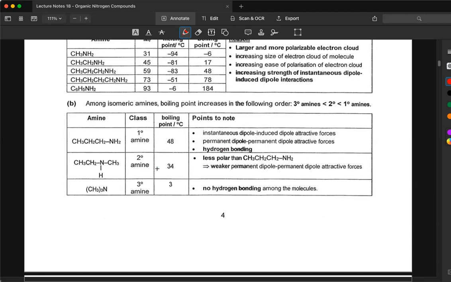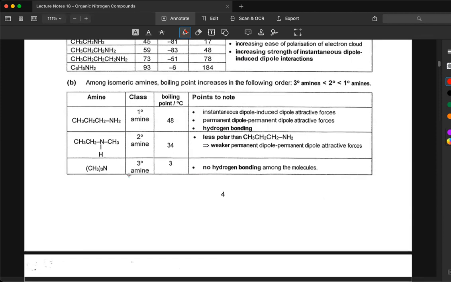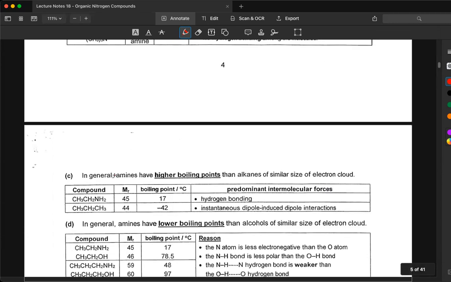For the secondary amine, the boiling point is lower because the molecule is less polar than the primary amine. Hence, the PD-PD forces are weaker. For the tertiary amine, hydrogen bond doesn't exist. So the boiling point is lower.